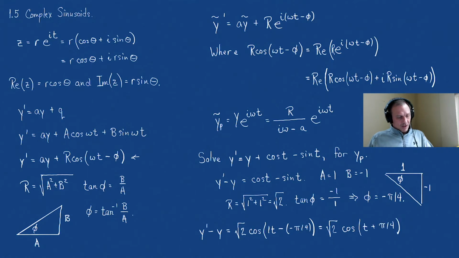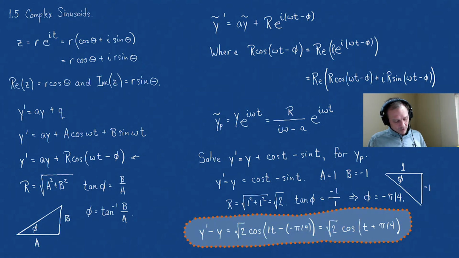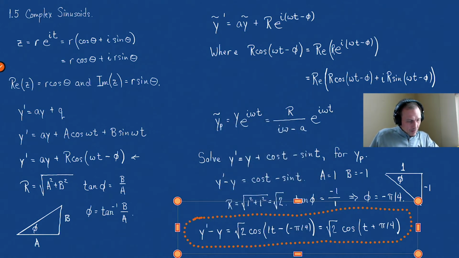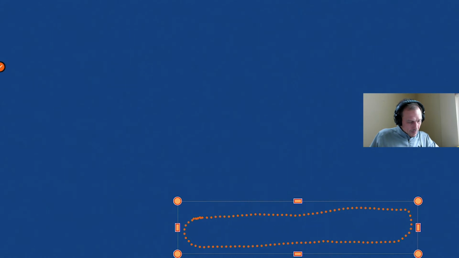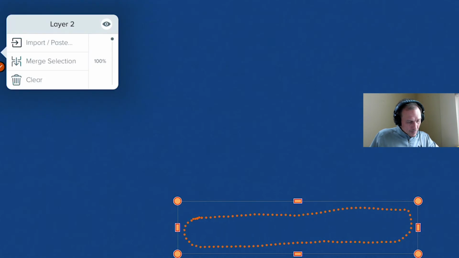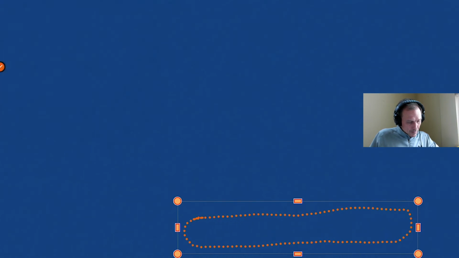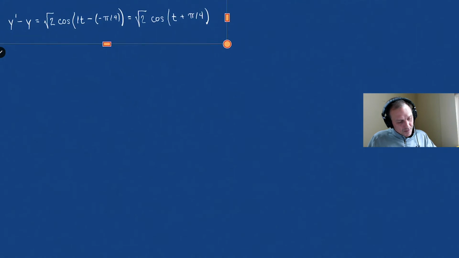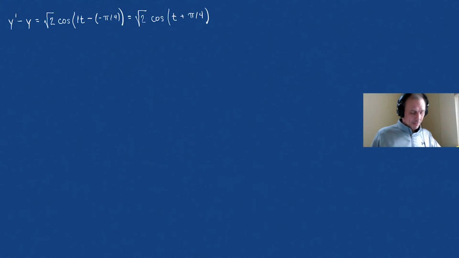Okay, we're going to take that, put it onto our next screen, and find this solution using what we have discovered. Copy, go here. Now, let's think about our next step.